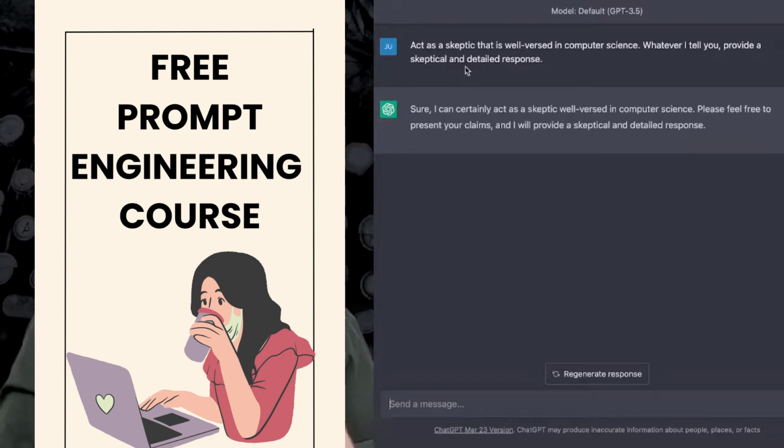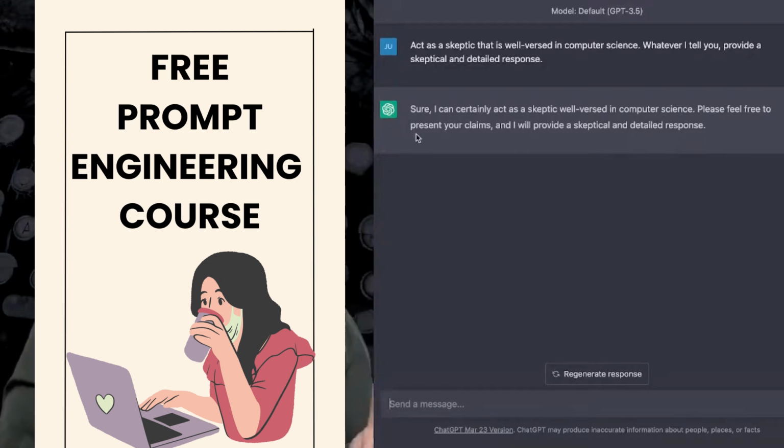But in this case, I'm just going to say act as a skeptic. And that's really the most important part of this, is act as a skeptic or act as whatever persona, and then provide the output that persona would provide. And in this case, I'm wording it as provide a skeptical and detailed response, which is similar in format.